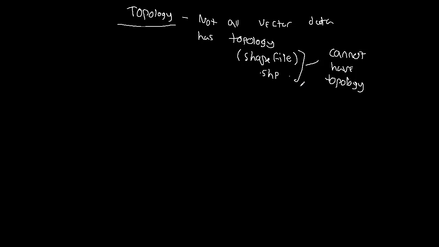It is impossible with that file format to keep the topology in the file. So let's go ahead and talk about topology. Again, it's rules that are enforced on data to help maintain rules on the interactions between different features.